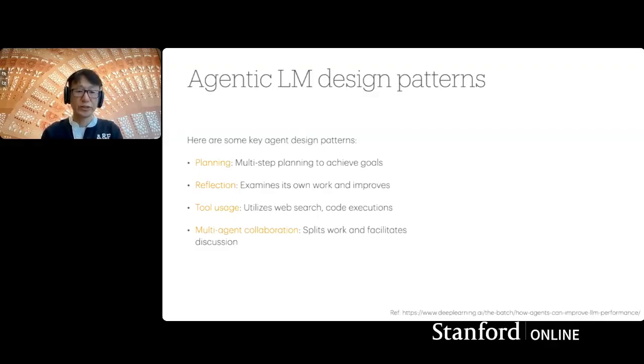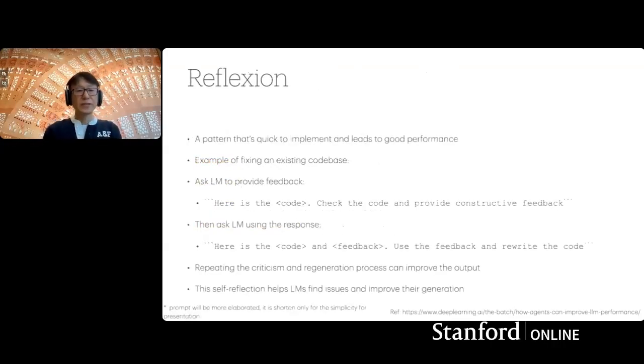Tool usage is for something outside of the language model, where you need real-time information or a different type of information. And then multi-agent collaboration is one way to handle this. Reflection is a pattern that's quick to implement and leads to good performance.